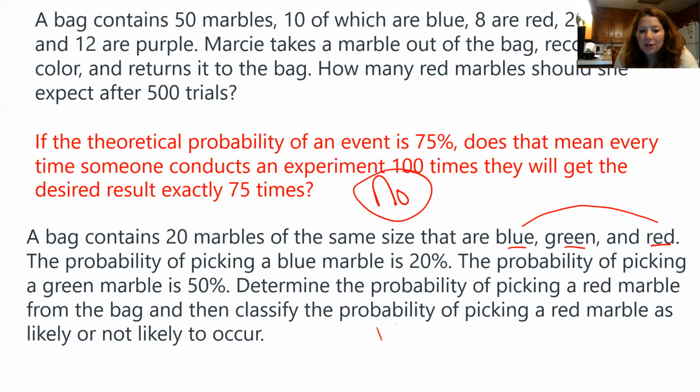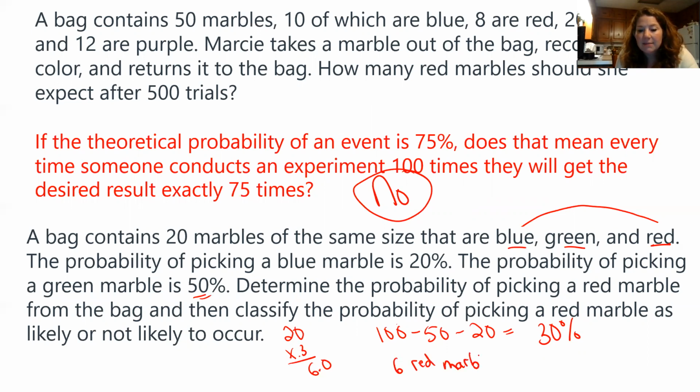So if we start with 100% of the marbles and we take out half of them, which are green, and then we take out 20% of them, that means 30% of the marbles remain. 30% must be red. So what is 30% of 20? Well, that's going to be 6 red marbles.